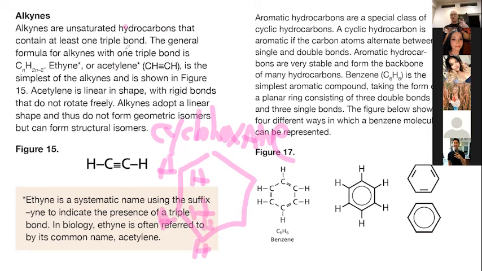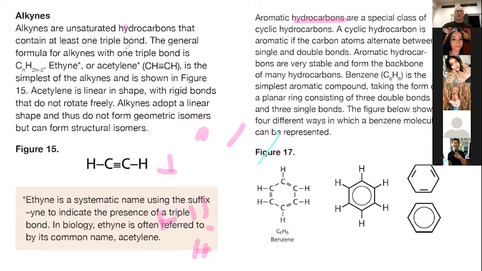Now there's a special form of ringed hydrocarbons called aromatic hydrocarbons. Why do you think they got that name? Why do you think they're called aromatic hydrocarbons? Take a wild guess.